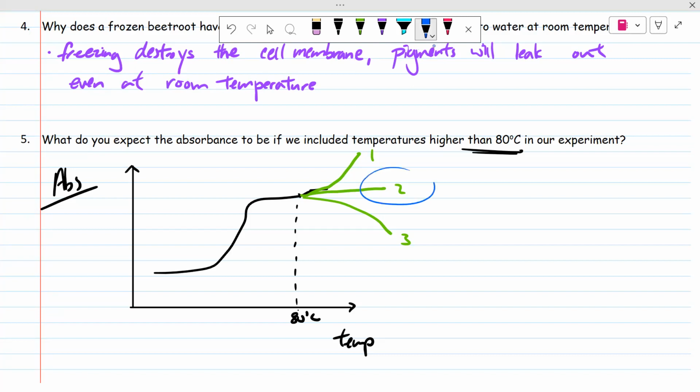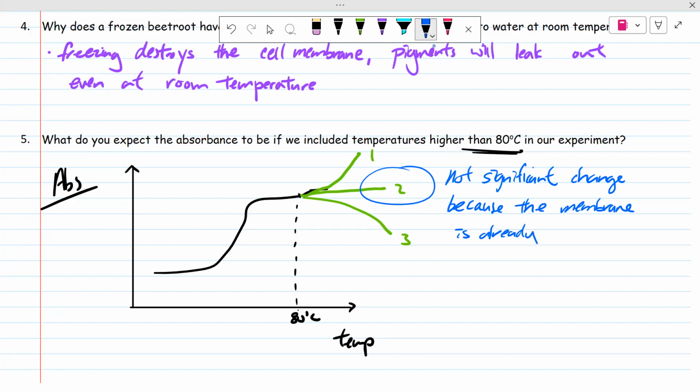No significant change, because the membrane is already completely destroyed. You cannot get more pigment out of it. Everything that needed to leak out had already leaked out. Do you understand that?